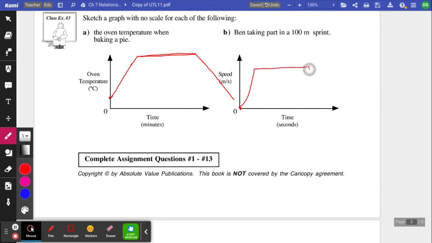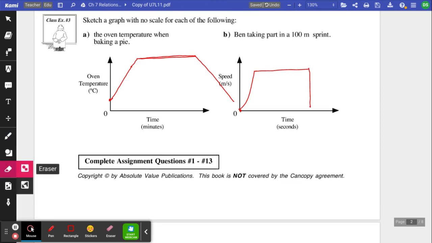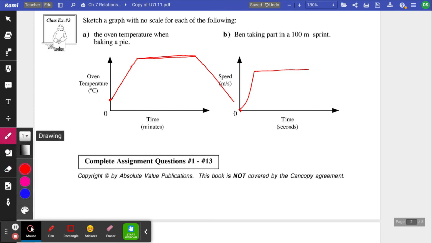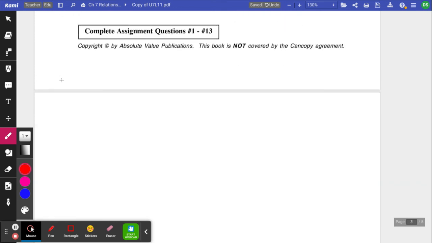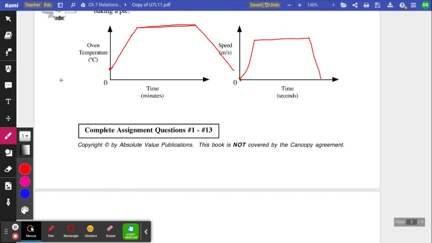And you would just about die. No, you would come to a complete stop. Pretty fast stop. Okay, notice how I'm making the curved line. Is that true? You start to go, you go faster, and you hold, right? So it's usually like that. Okay, good. I'm done. I think that's it.